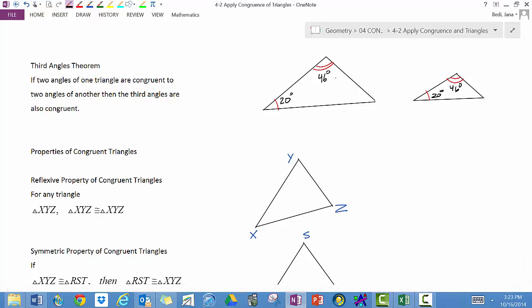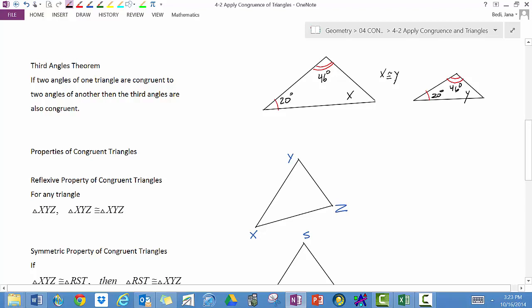So if you worked out the third angles, then this angle here that I mark X will be congruent to the angle Y. So we're not saying that the triangles are congruent. We are saying if two angles of one triangle are congruent to two angles of another, then the third angles are also congruent. And we would say X, lowercase x, is congruent to Y.